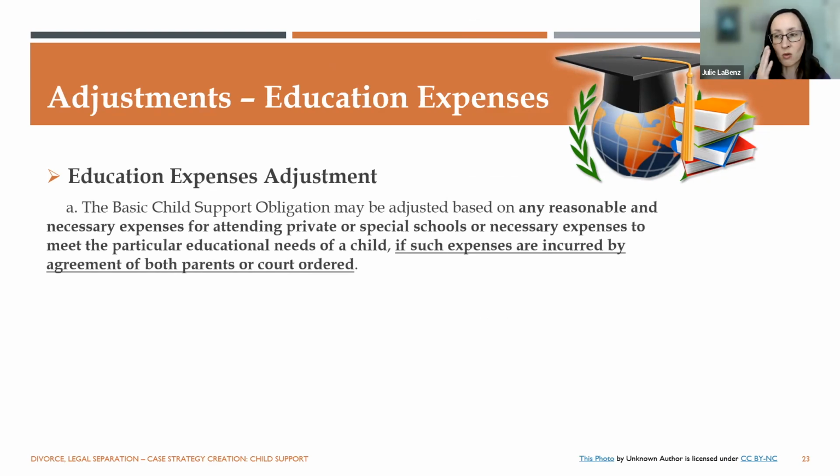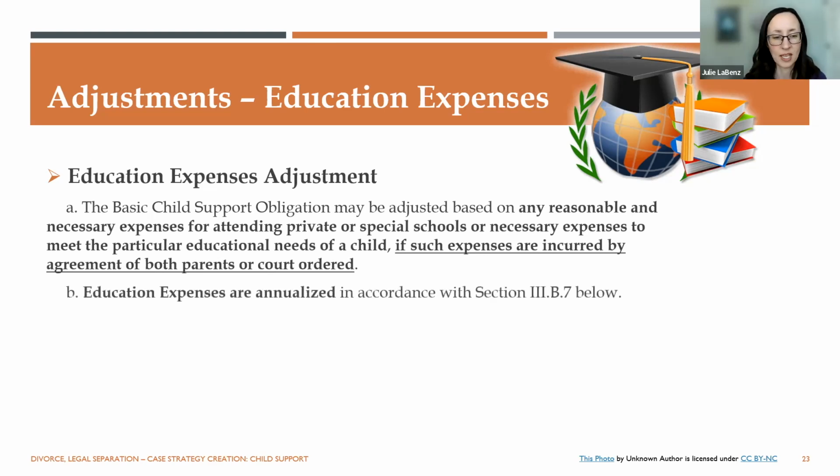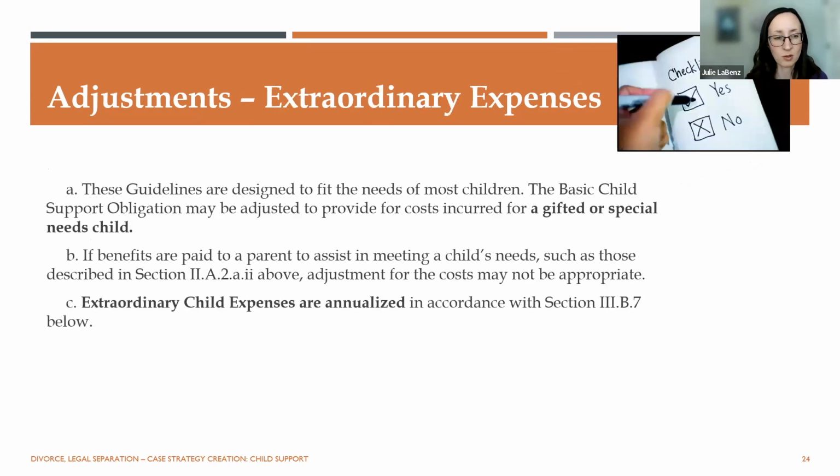So one parent can't go out and just put the child in a private school and then get a credit for that or demand the other side pay for half. Both parents will need to agree. And if that's the case, then the parent paying gets a credit in the child support calculator. If both parents are paying, then they both get a credit. Also, education expenses will be annualized, like we talked about earlier.